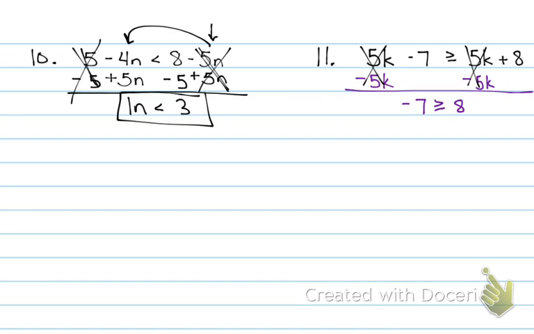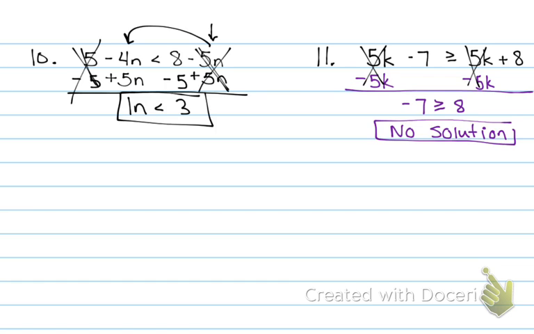Is that a true statement? Is negative 7 greater than or equal to 8? No. So because that is not a true statement, there will never be a value for k that can make that solution true. My answer is no solution.